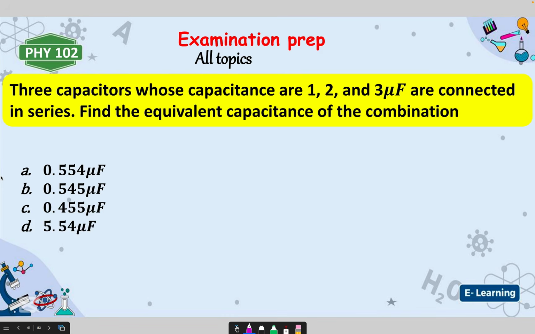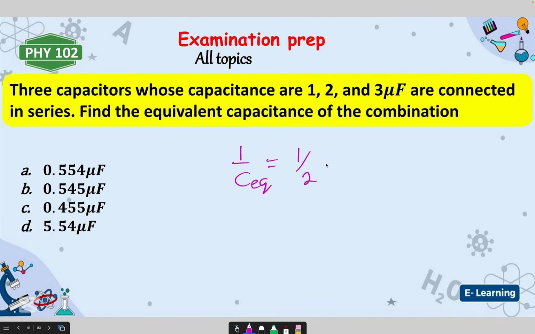Three capacitors whose capacitances are 1, 2, and 3 microfarad are connected in series. Find the equivalent capacitance of the combination. They are connected in series. Now, if capacitors are connected in series, what do we do? You find the reciprocal of each of them.